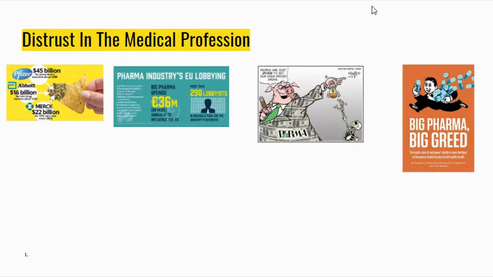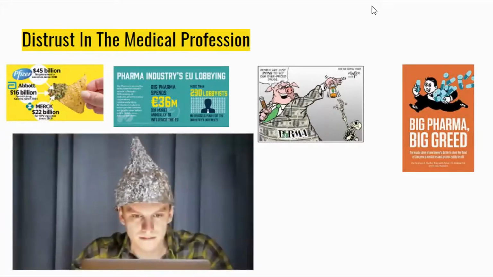So we do get into this conspiracy realm where people will see big pharma as this big all-powerful entity that's controlling healthcare throughout the world, that's controlling what people have access to, etc. And there's more to it than that.